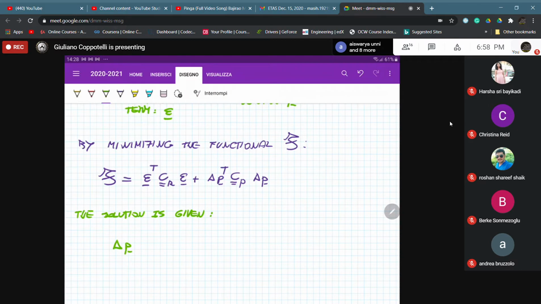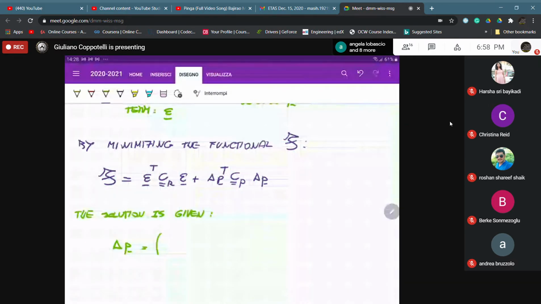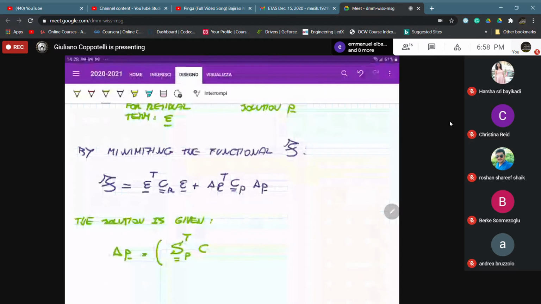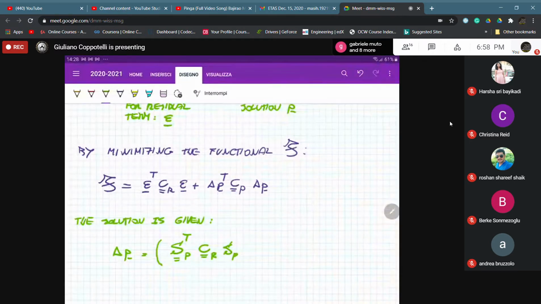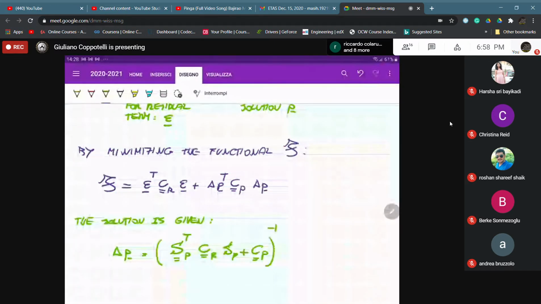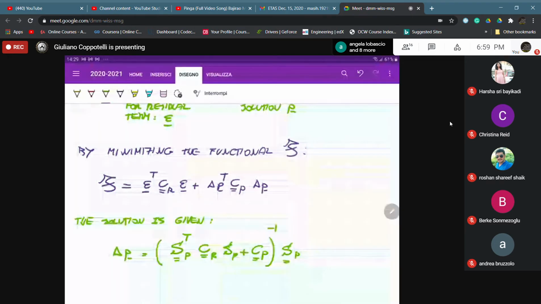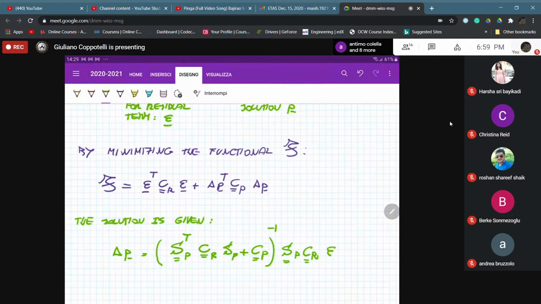So the change of the design parameters for updating could be viewed as your sensitivity matrix S_P transpose CR sensitivity matrix S_P, plus CP, to the minus 1, and then everything times S_P transpose CR epsilon.